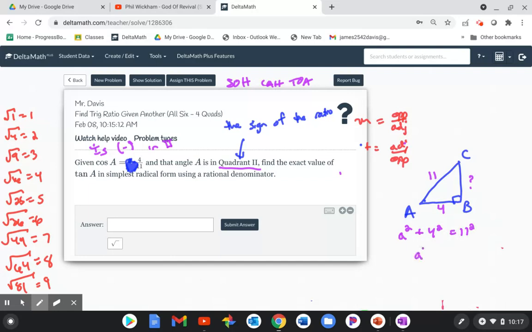We get A squared plus 16 equals 121. So we'll go ahead and subtract. A squared is 105. We'll then take the square root of that, and A equals square root of 105. I don't think there's anything that would simplify that one, so we'll leave it as is for right now.